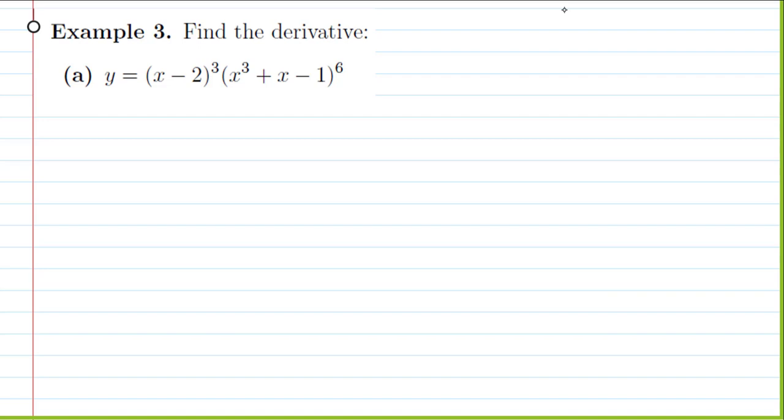I have x minus 2 cubed times x cubed plus x minus 1 to the 6th. The first thing I'm going to notice is that I have a product rule, because I have two things that are multiplied together, but then those things have function composition in them. So this is going to be a product plus chain rule.